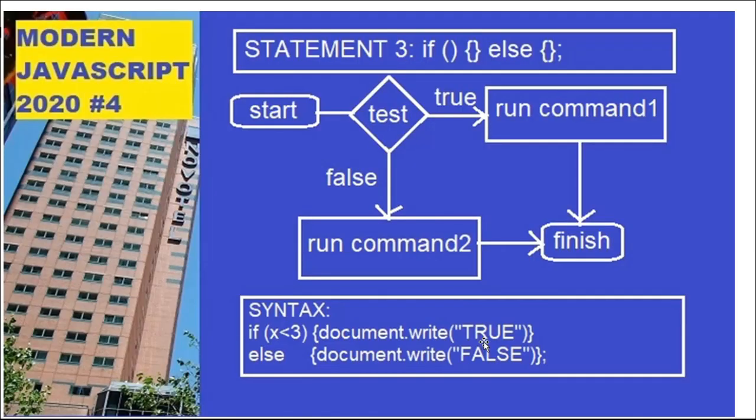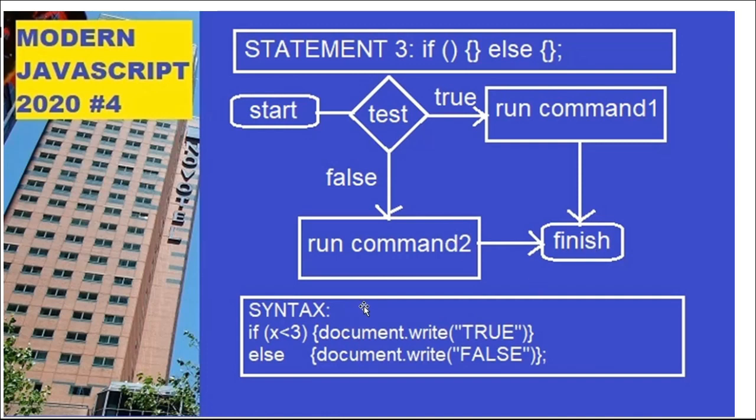This is statement 3. In this version of the if then else command, we've got the start section. We do the test, and if the result is true, we run command 1, and if the result is false, we can run command 2, and then we finish.